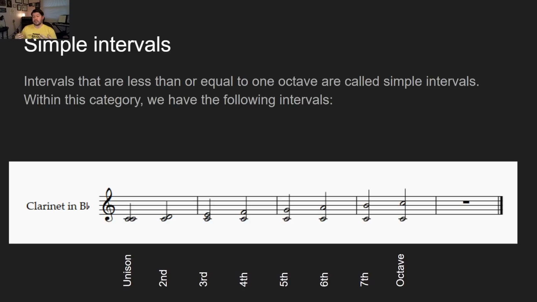So we use unison and octave to refer to those notes where they're playing exactly the same or they're playing 8 steps apart from one another. Now, once again, if naming these intervals doesn't make a ton of sense to you just yet, please hold on because we are going to get to it. Once we get through this little introduction to simple and compound, we are going to learn how we are going to discover what those intervals are.